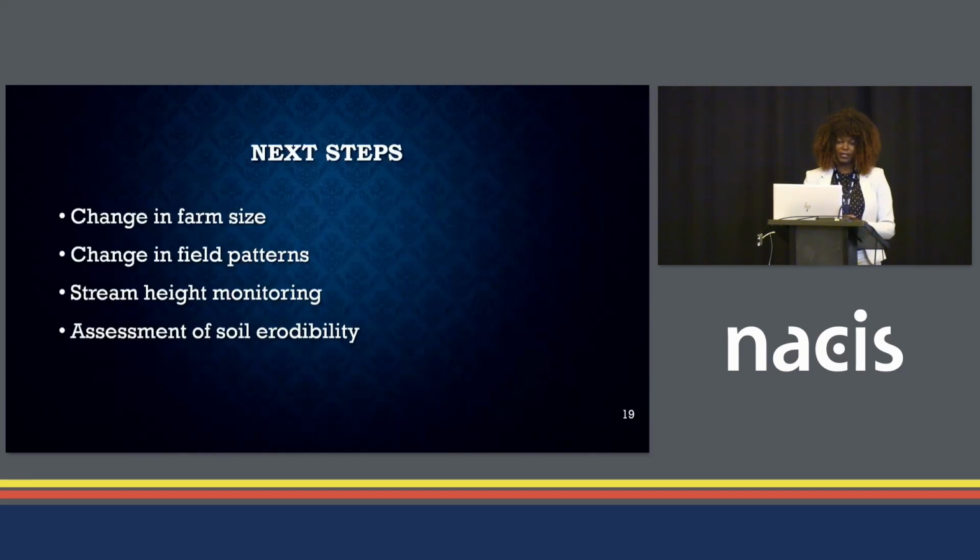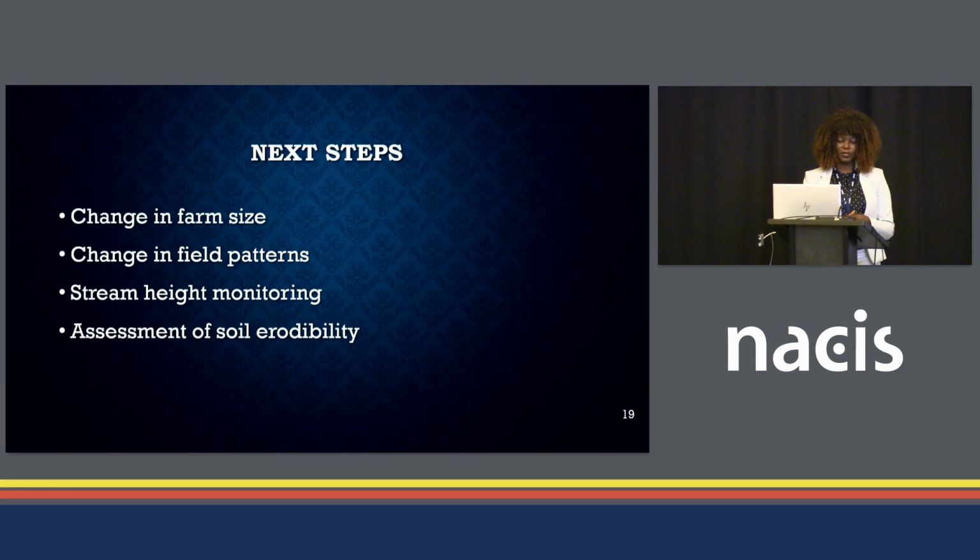We have collected a lot of data regarding this process, but our next step is to analyze the change in farm size and in the field patterns using software such as FragStats. We've also acquired a sensor to measure the river height within the subwatershed, because we know that the flow in the river can be affected by the different land cover types within the area.